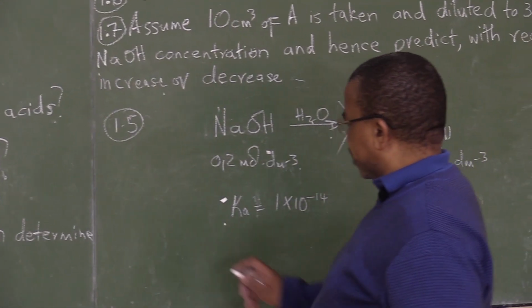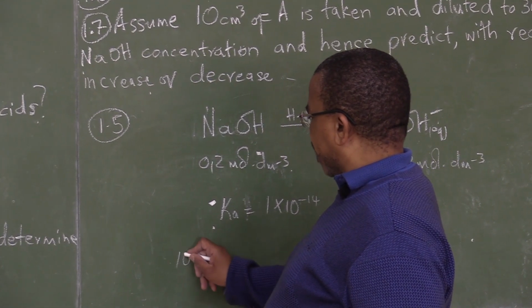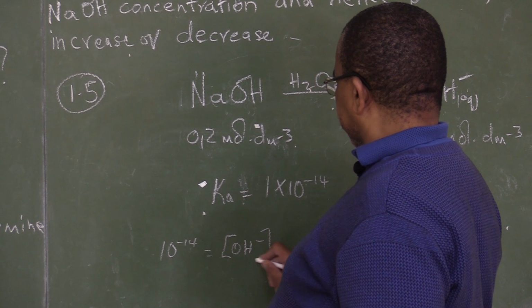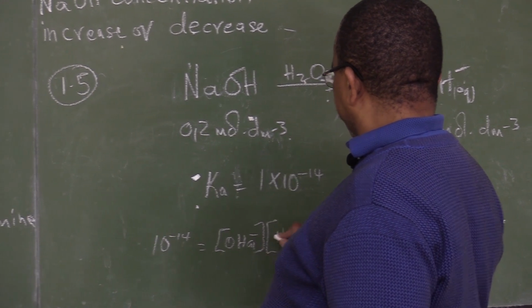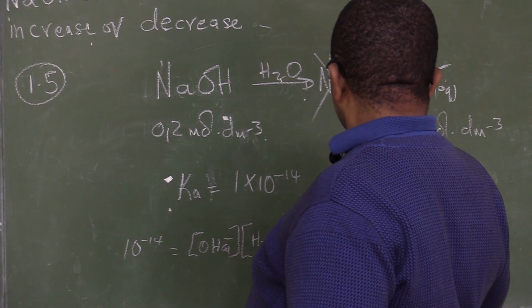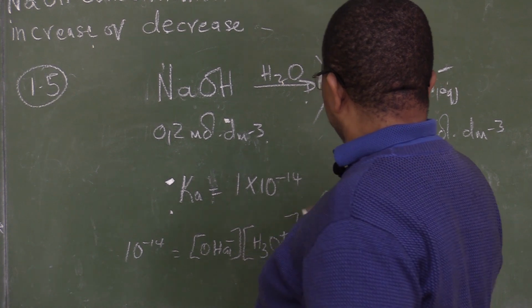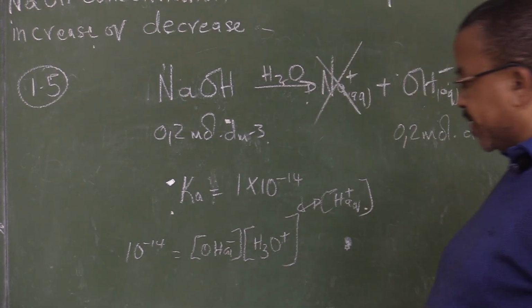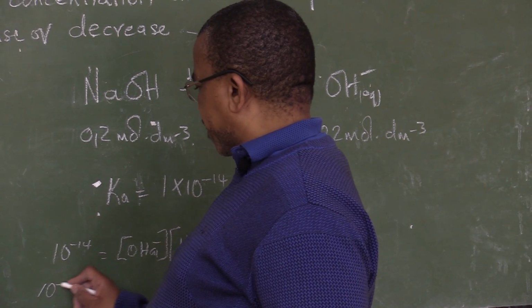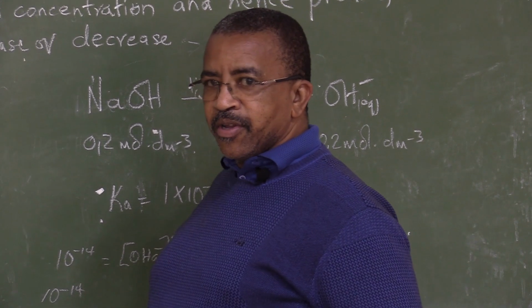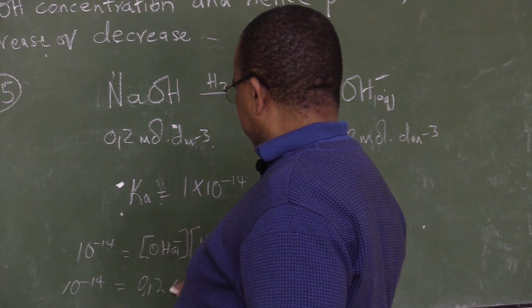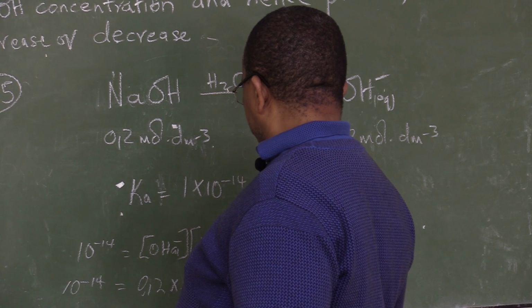So 10 to the power minus 14 is equal to the concentration of OH minus times the concentration of hydronium ion, or it can be H plus aqueous. You can use that or that one. Then we have 10 to the power minus 14, our constant value, equals OH minus, which is 0.2, times the concentration of H3O plus.